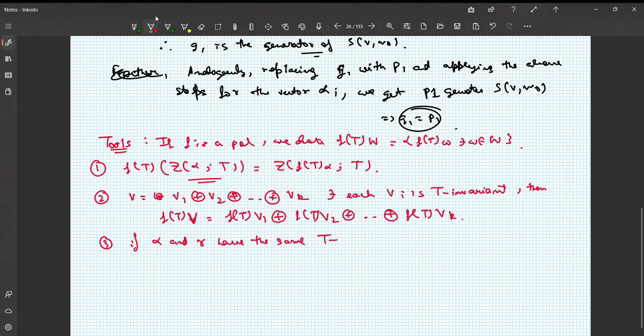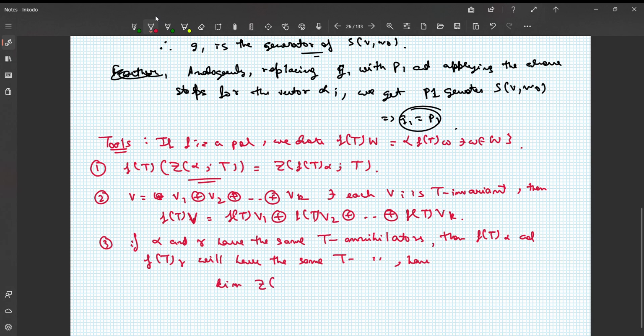And number three is that if two vectors alpha and gamma have the same T-annihilators, then f(T) alpha and f(T) gamma will also have the same T-annihilators, and hence that proves that the dimension of the T-cyclic subspace generated by f(T) alpha is the same as the dimension of the T-cyclic subspace generated by f(T) gamma.